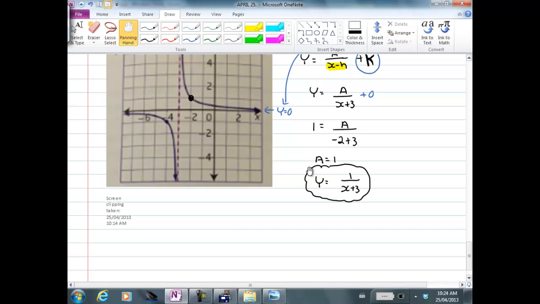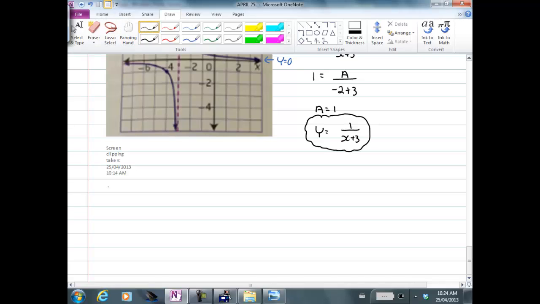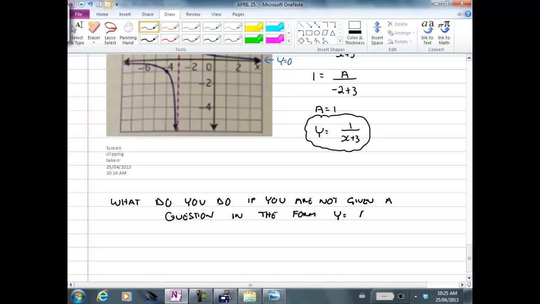What do you do if you are not given a question in the form y equals to a over x minus h plus k?